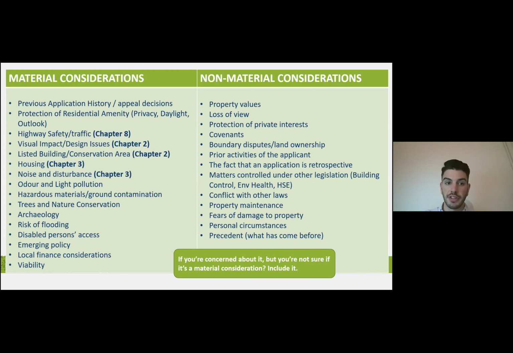You've also got noise and disturbance, which again falls under chapter 3. Whilst I'm not familiar, because I haven't opened up the constraints of the site, I think you have got some trees to the north of the application site, which are protected by tree preservation orders, and archaeology, risk of flooding, and then more zoned-in issues such as disabled access into the buildings and around the site. So they're the things I've drawn on, which may be relevant to the current proposal.